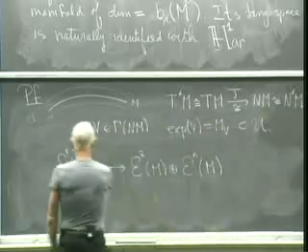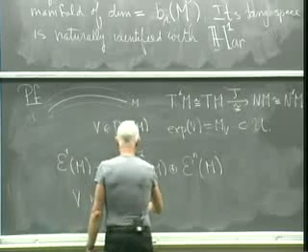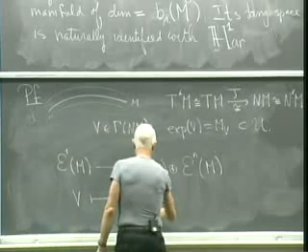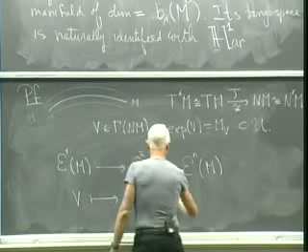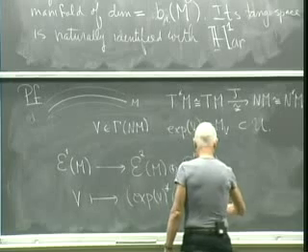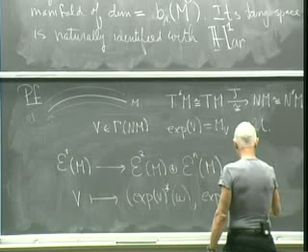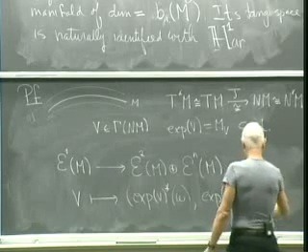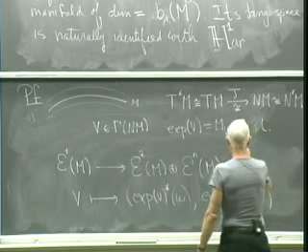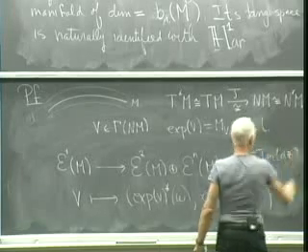So you take the one form and you exponentiate it, and you pull back by the exponential map the Kähler form, and you pull back the form psi, the imaginary part of dz.